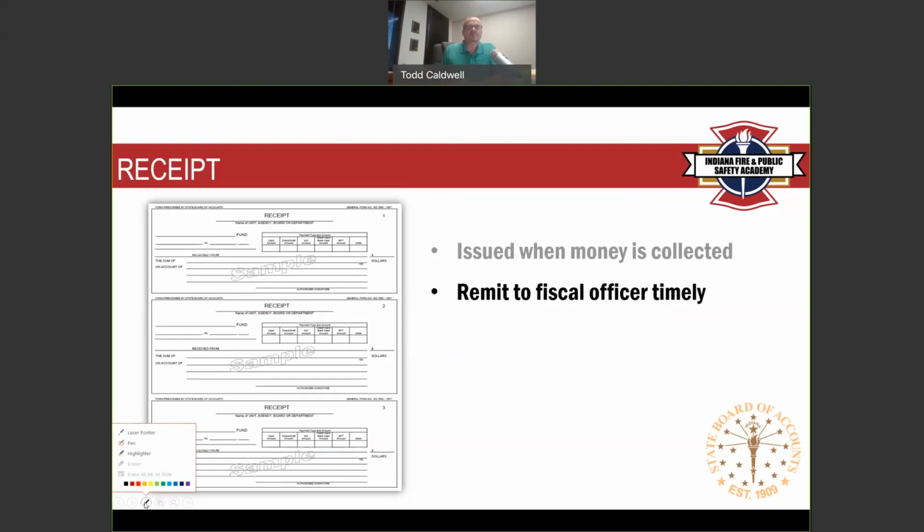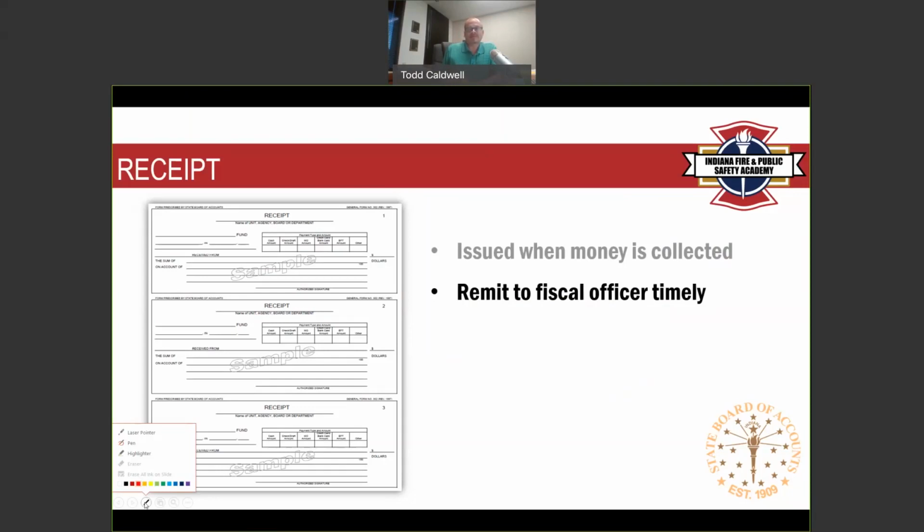And they totaled $117, and you're taking that to your fiscal officer. The fiscal officer is going to give you a receipt for $117 because they've received that money from you. And we would ask that you write those receipt numbers that you turned in on that receipt. So when the officer gives you the receipt for $117, write receipt numbers 123 through 127 on it, and keep that with your files.